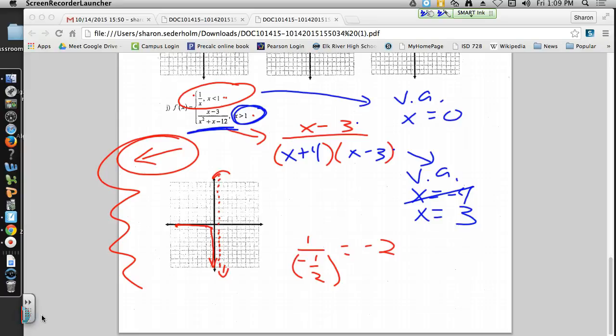So what we need to do is figure out really what's going on between 0 and 1, and then from 1 on. So between 0 and 1, we have fractions. So what we would want to do is just take some fractions and put them into the function that they need to go into and see what we get. And that's going to be right here because we are still less than 1.